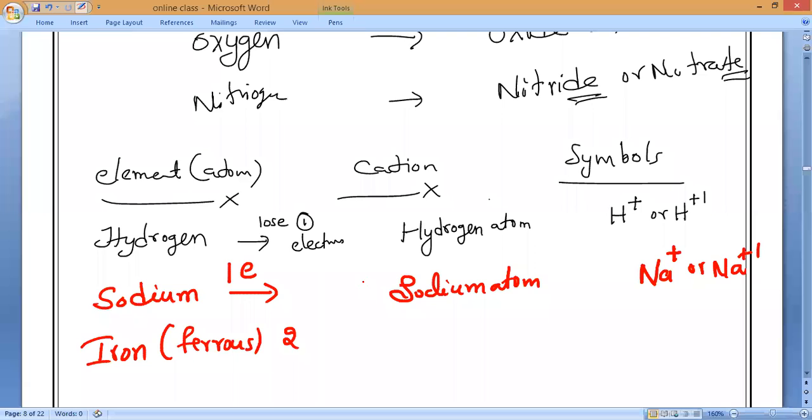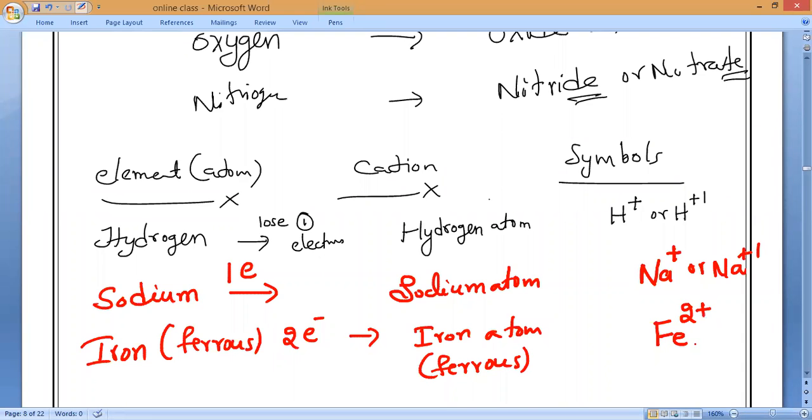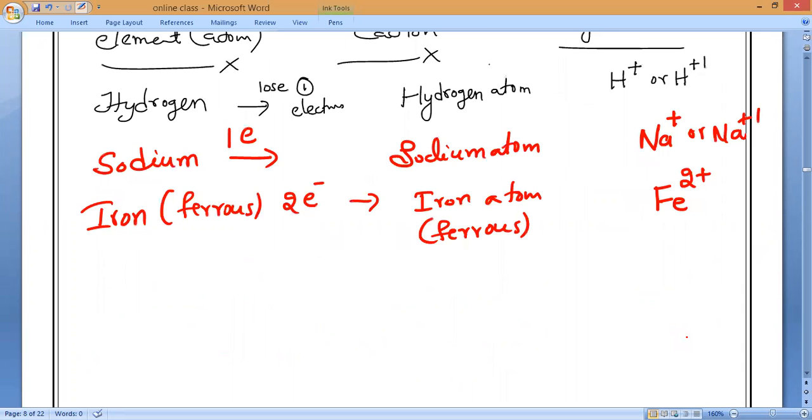How many electrons will it lose? 2 electrons, and it will turn into iron ion, or we will say ferrous ion. 2 electrons means ferrous. Please keep it in mind. So what symbol will come? Symbol of ferrous iron: Fe 2 plus. 2 electrons are lost, so 2 plus.